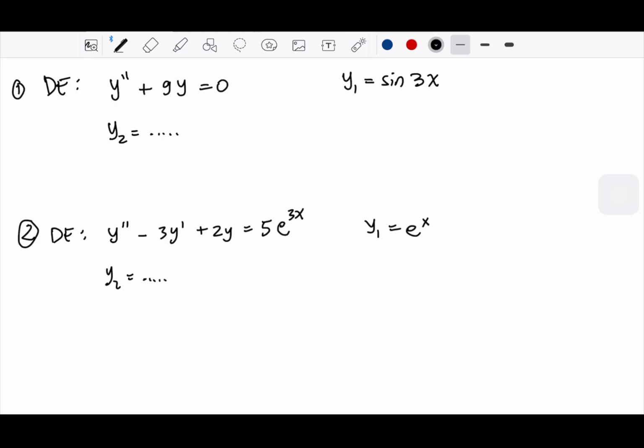For the second question, perhaps at the end you'll see the proposed solution has some components, and actually y2 is not all those components. I will explain what will be y2.